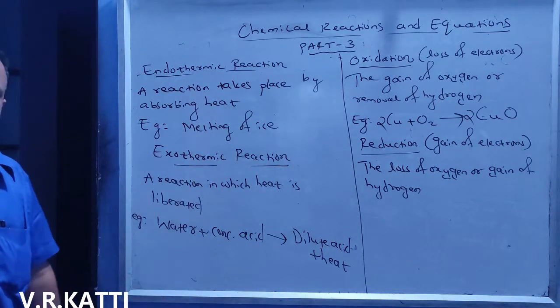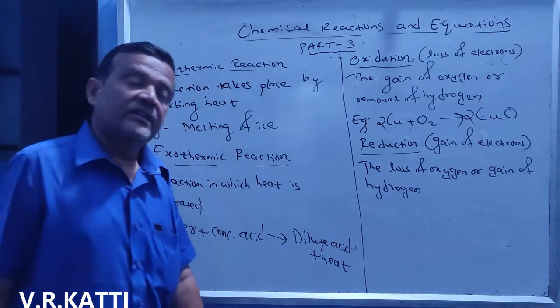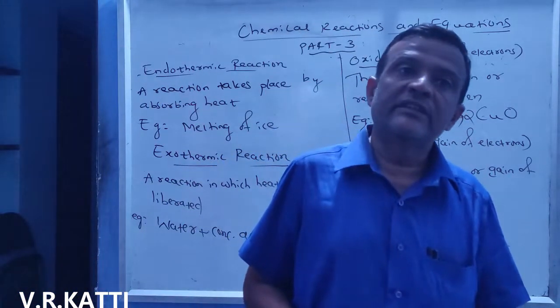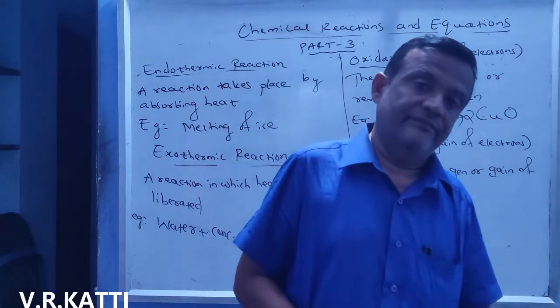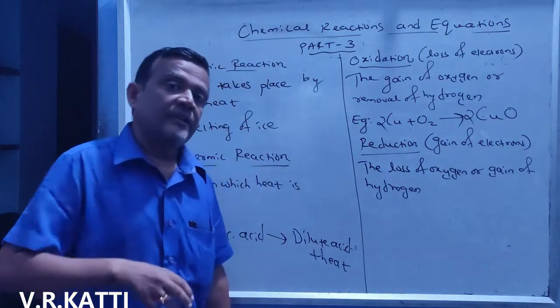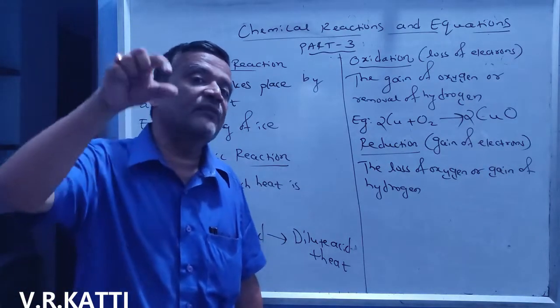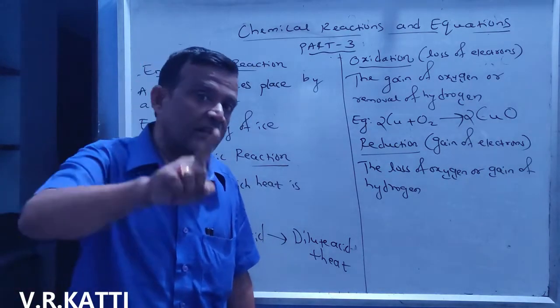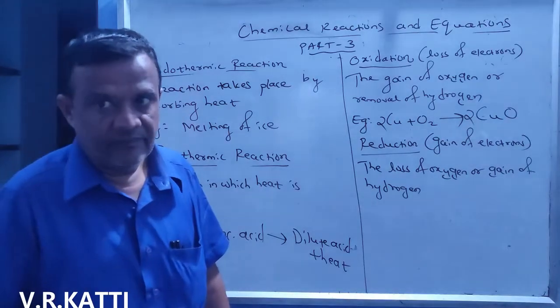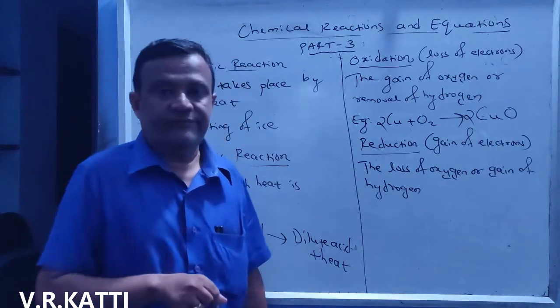For example, students, this reduction process is used in the extraction of metals. If the ore is present in the oxide form, that ore can be reduced to metal using a reducing agent.